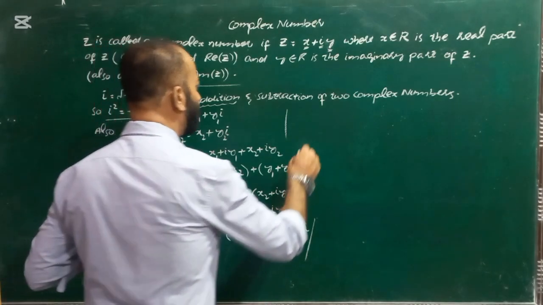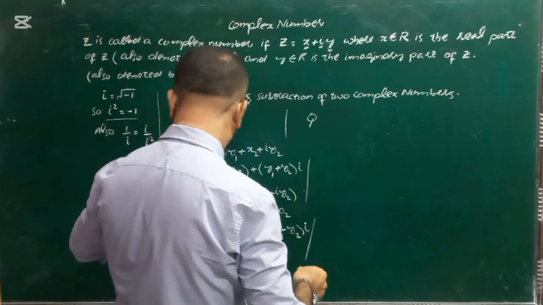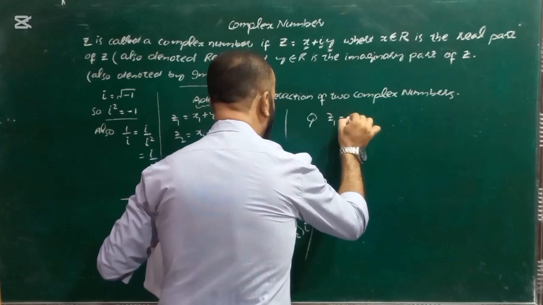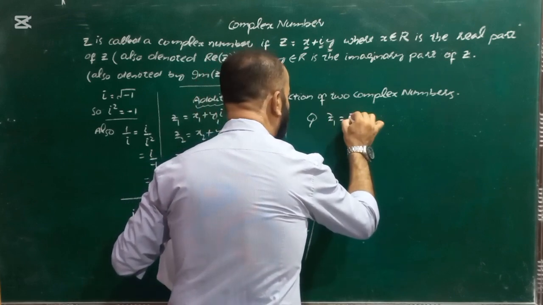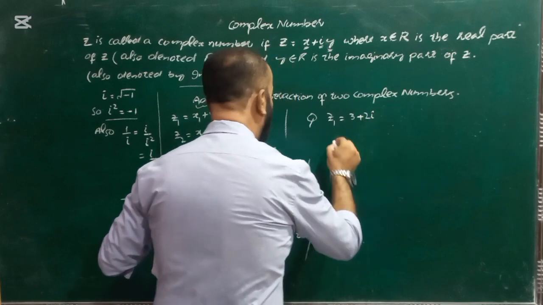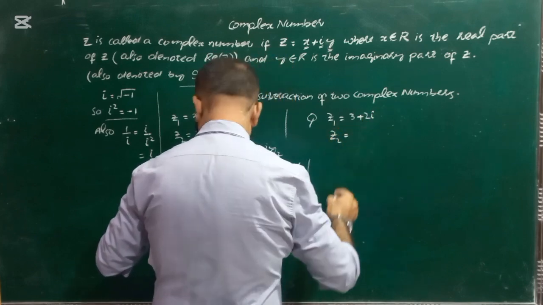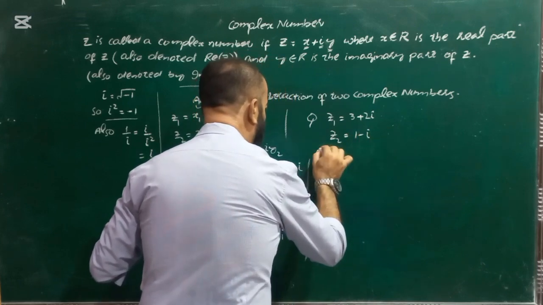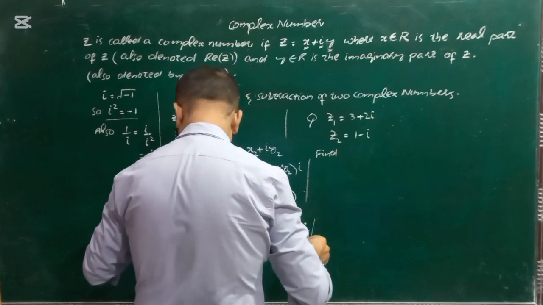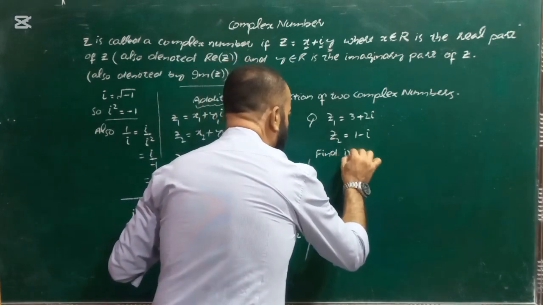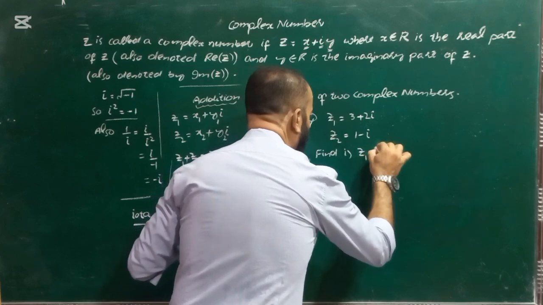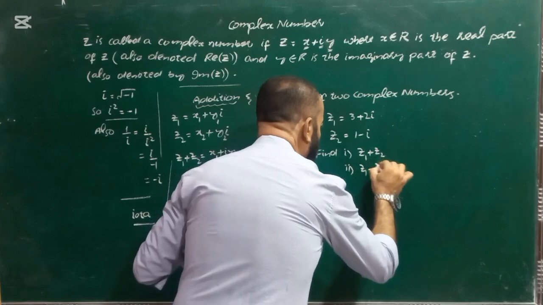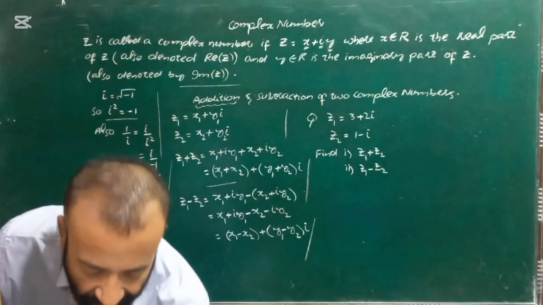Suppose here is a question: z1 is equal to 3 plus 2 iota and z2 is 1 minus iota, and the requirement is to find z1 plus z2 and, second part, z1 minus z2.